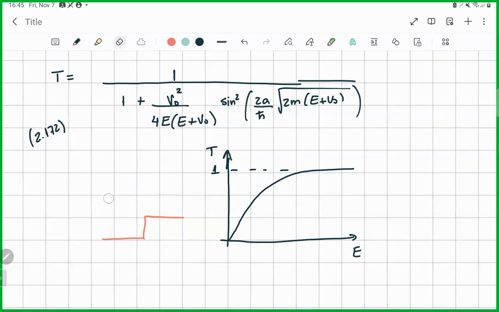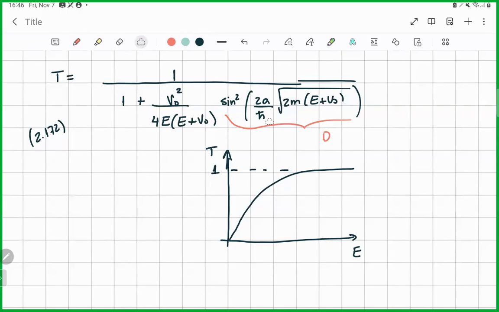And that's the interesting thing, because it is growing with energy, but there are some very special points where this sine becomes zero. When will this sine become zero? When what we have inside here is a pi or 2 pi, any integer multiplied by pi.